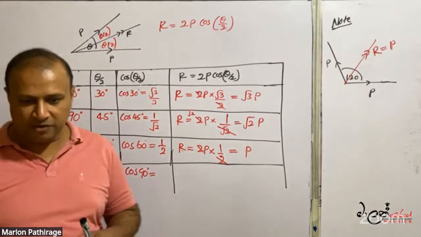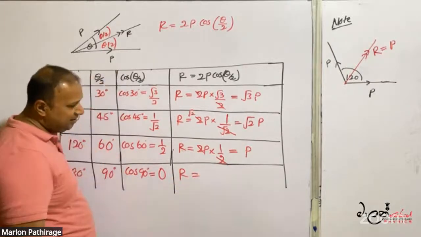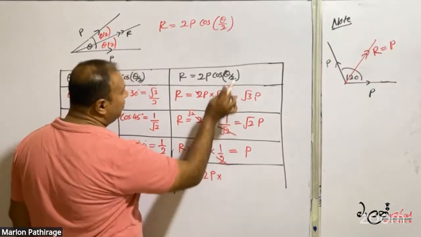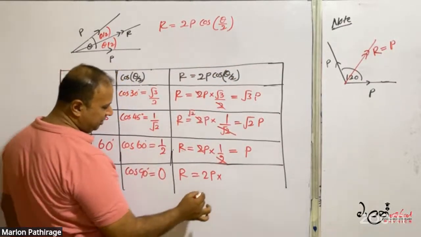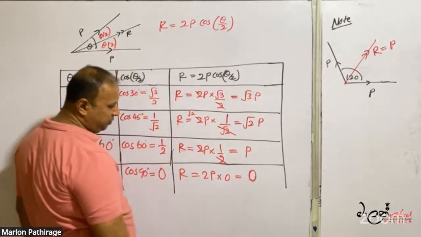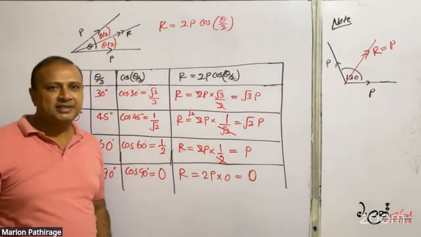What is the value of cos 90? 0. Yes, that is 0. Therefore, R is equal to P into the cos value, which is now 0. Therefore, the answer is 0.